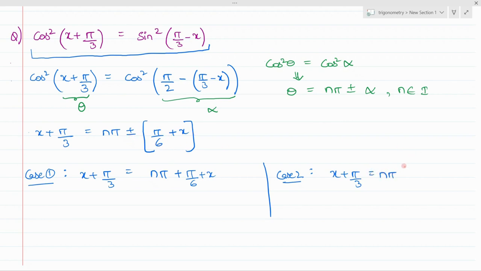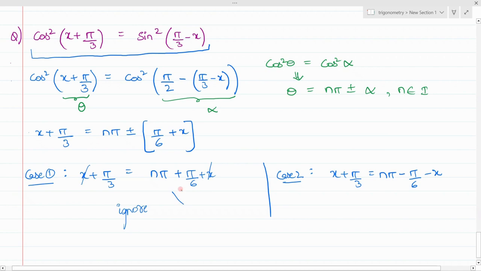If you use minus, it becomes minus pi by 6 and minus x. In case 1, the x and x are getting cancelled, so we cannot find the solution. So these kind of cases we need to ignore. Just leave this. So here use case 2.